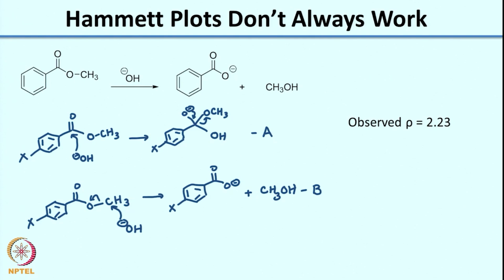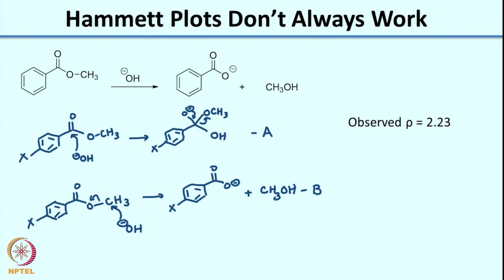Now, if you look at both of them carefully, in this mechanism which is path A, I have O minus generated here. I have a carbon between and I have the aromatic ring. If I look at this mechanism, I have an O minus generated here, I have a carbon and then I have the aromatic ring.